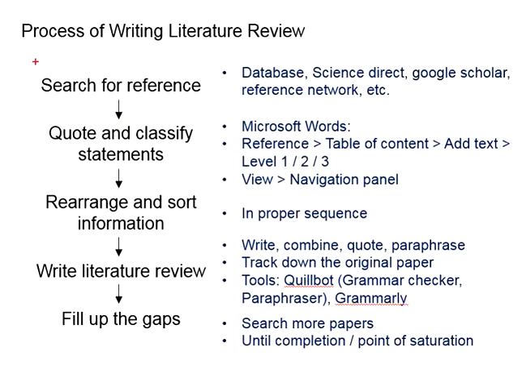First, it's about searching for the references. This is a typical process of doing the literature review. You're going to search for the relevant publications from various databases, from Science Direct, from Google Scholar, and any other relevant journals.